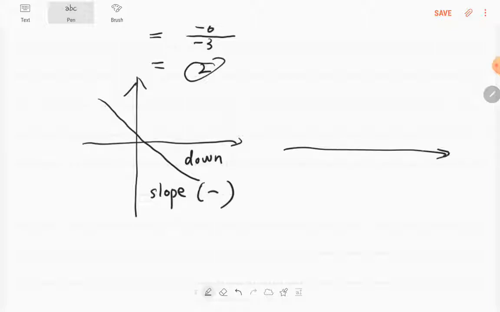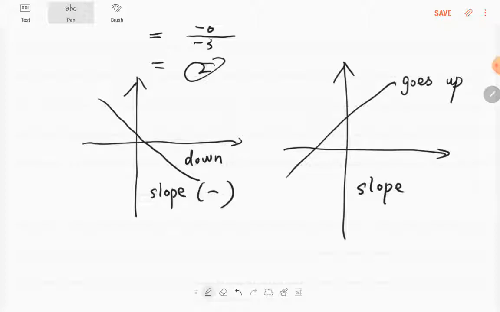If the straight line goes up, then the slope we know is a positive number.